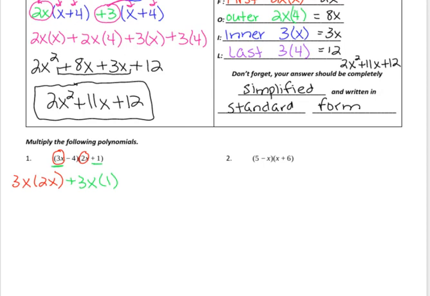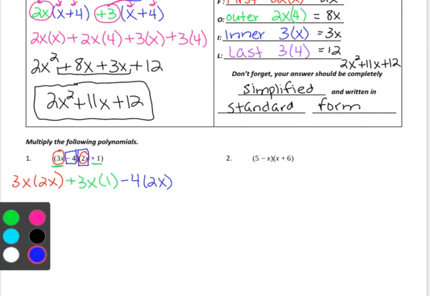The I stands for inner. So which pieces are on the inside? Well, that would be this -4 and this 2x. And then finally, the L stands for last. So that would be this -4 and this positive 1.